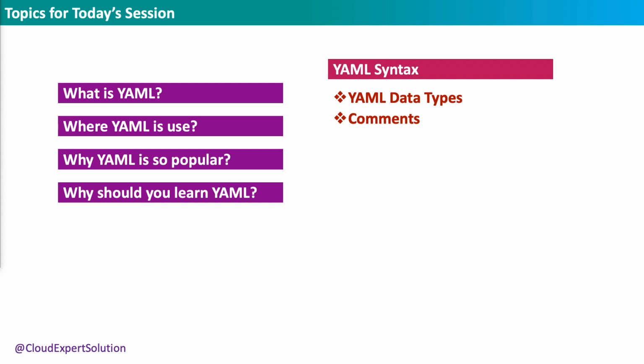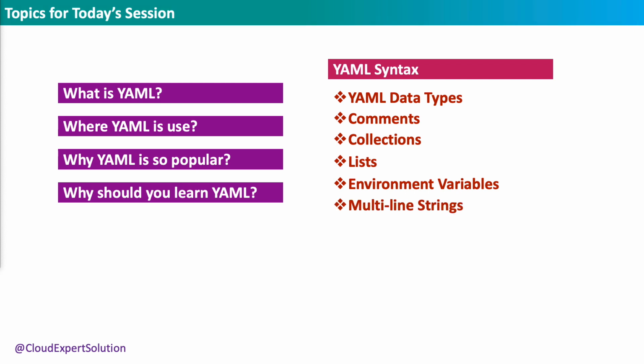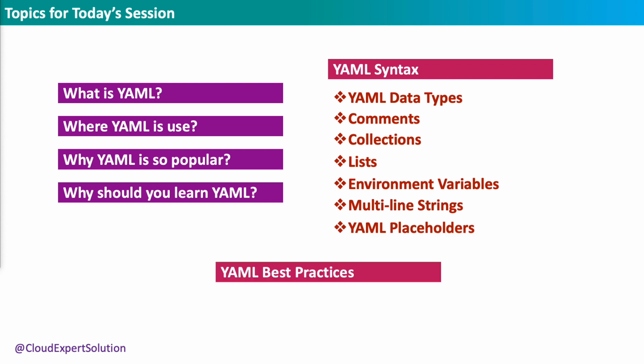We'll see how to write comments, then collections, followed by lists, how to use lists, then environment variables, and then multi-line strings. We'll discuss the use cases where you should use environment variables and where you should use multi-line strings. Then we'll talk about YAML placeholders, and at the end of the video, I'll give you some best practices that you should follow while writing any YAML scripts.